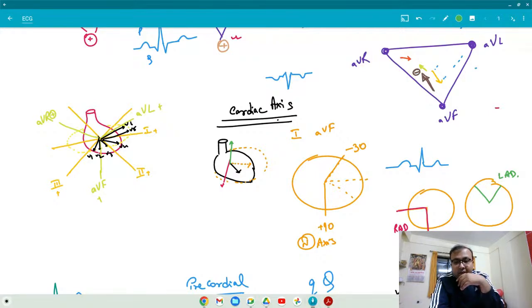And along with that, in lead 1 you will get the R wave predominant. That means the R wave vector is also moving towards lead 1. Everybody's arrow is directing upward or downward? Upward. So tell me everyone, have you understood or not?